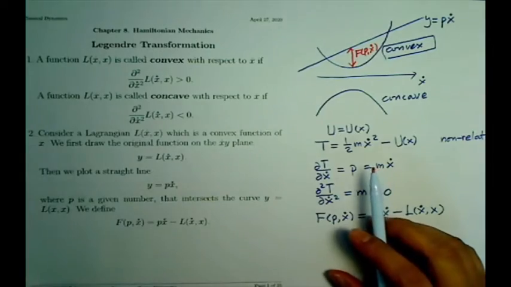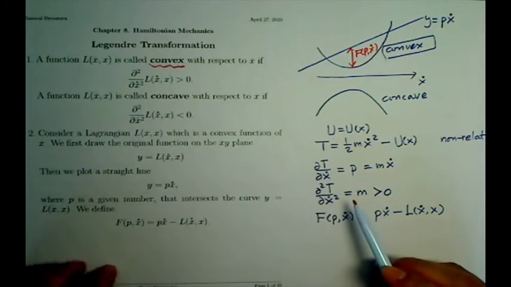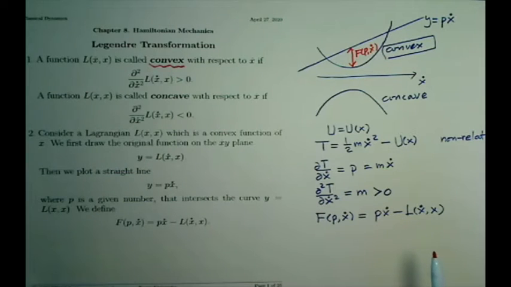We are interested in the convex function. The reason is that our kinetic energy, both in the non-relativistic case and relativistic case, is convex.